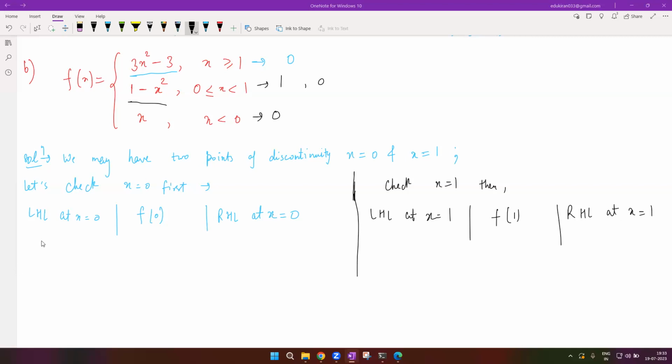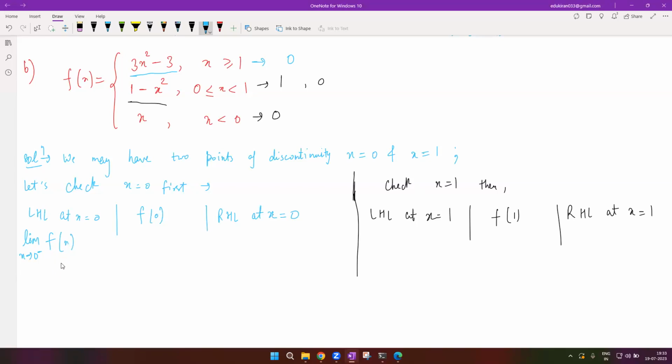If I check for x equals 0, I'll be finding out LHL at x equals 0, which means limit x tends to 0 negative of fx.